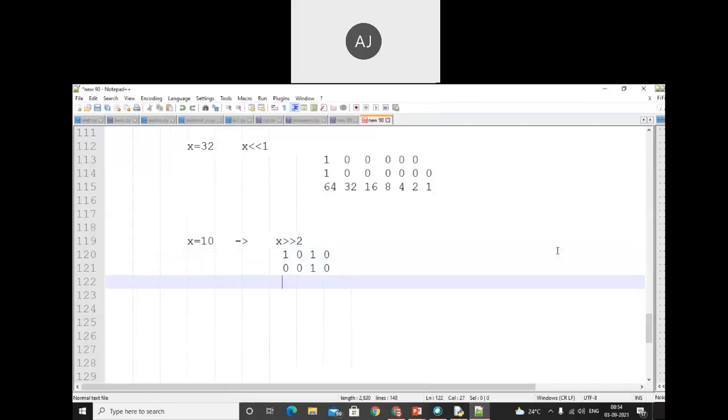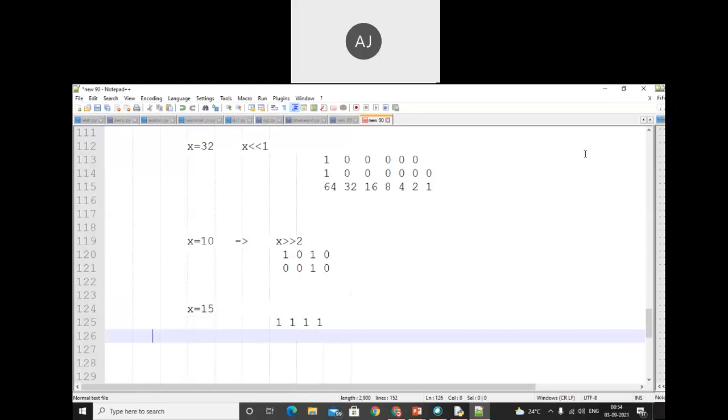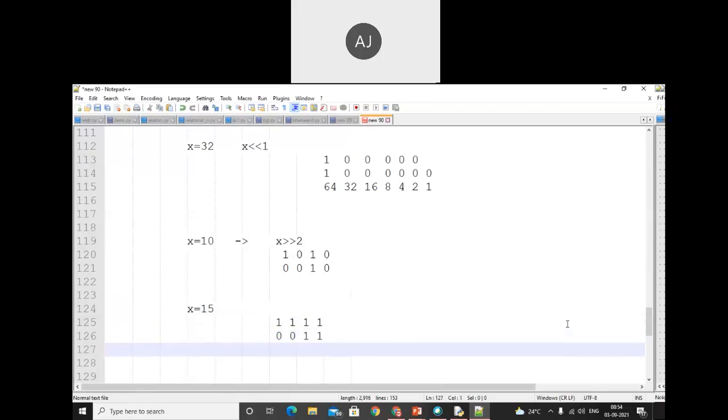Let's take another example. x = 15. We need to remove these 2 bits. Instead of that, we just add 0 0 and keep the last 2 bits as they are. So we get 3. This is nothing but 3.